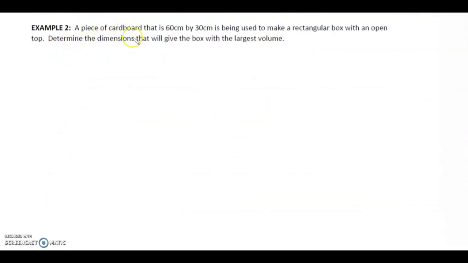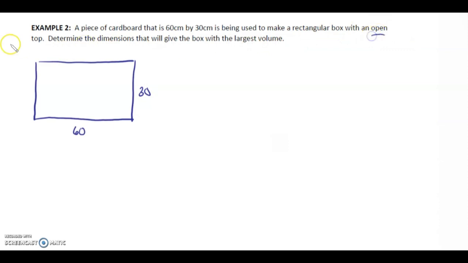Example 2. A piece of cardboard that is 60 centimeters by 30 centimeters. Okay, let's start by drawing that. It is being used to make a rectangular box with an open top. So what this means is that the corners are going to be cut out and the sides are going to be folded along these edges.